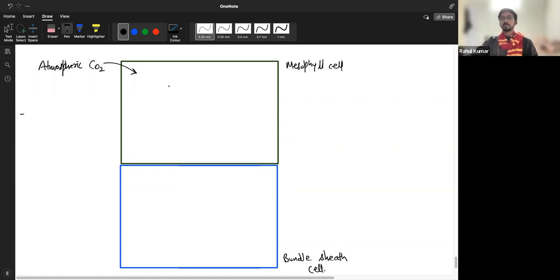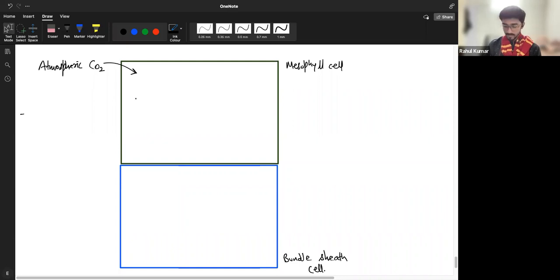Now, oxaloacetate is a C4, or 4 carbon. So what do you think should be the first acceptor? Acceptor molecule should be how many carbons?